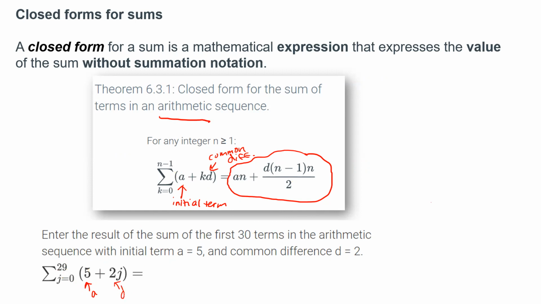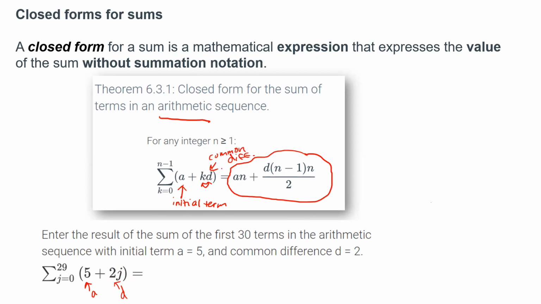So 2 is D. They actually have K times D here, it's in a different order, K times D as opposed to D times J. Anyway, the key is picking out A and picking out D.